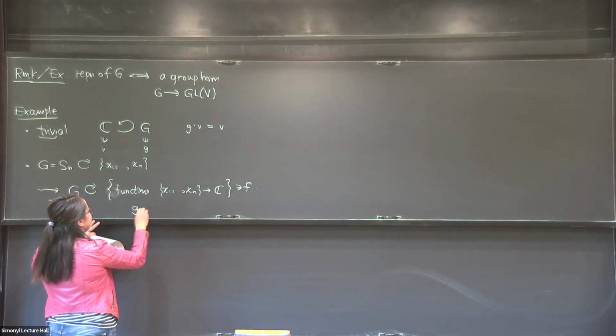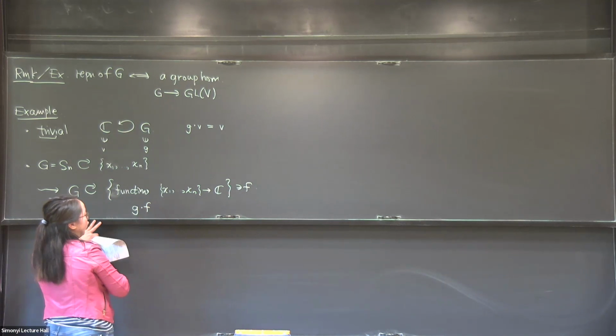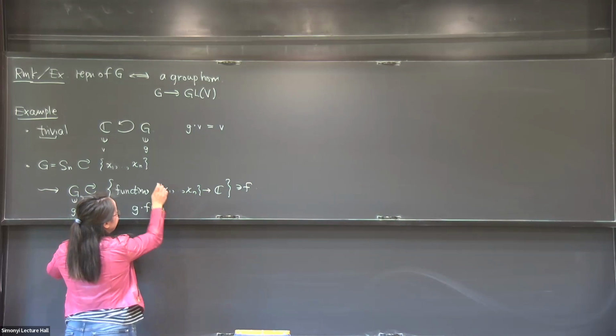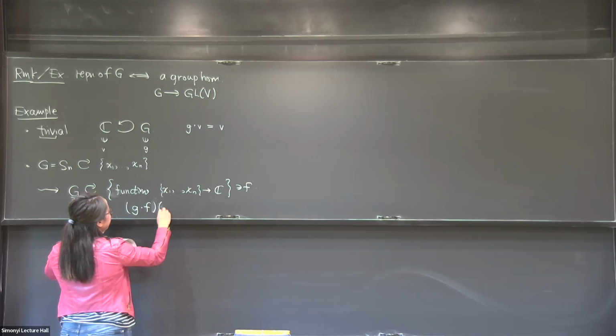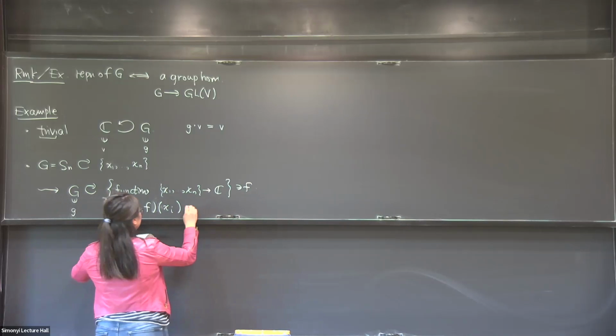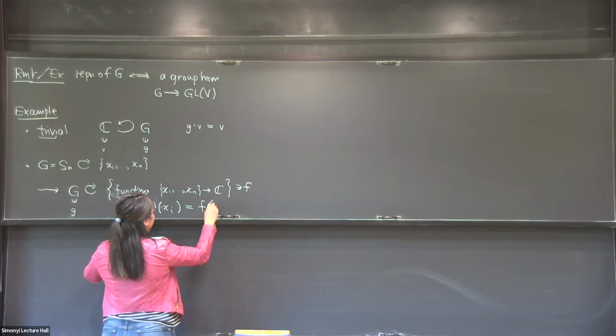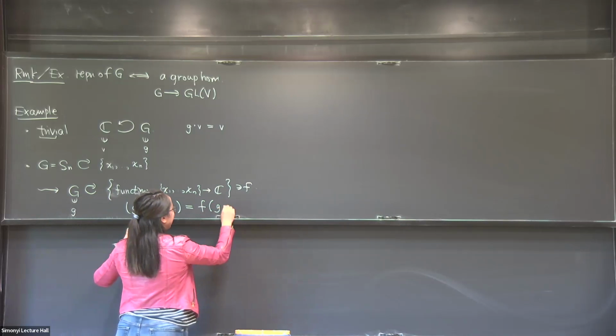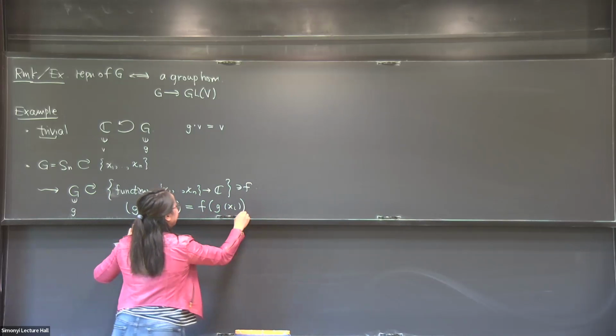I can have G act on f by sending whatever value of xi to f of whatever the value is of G acting on xi.